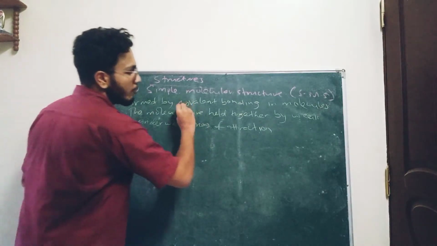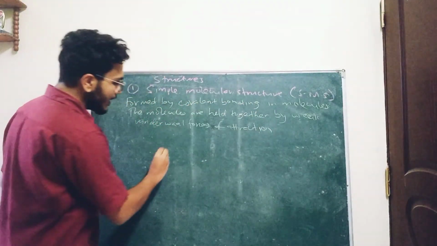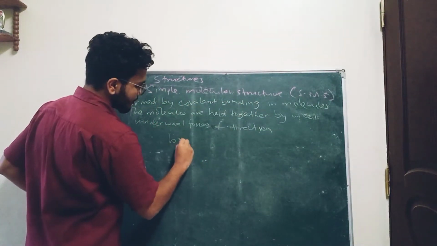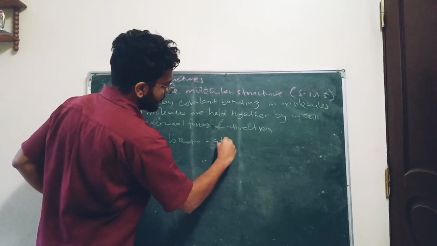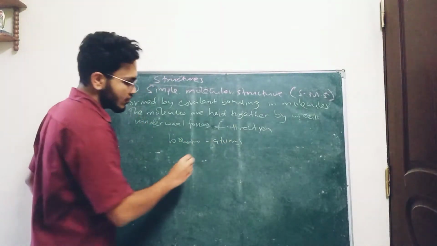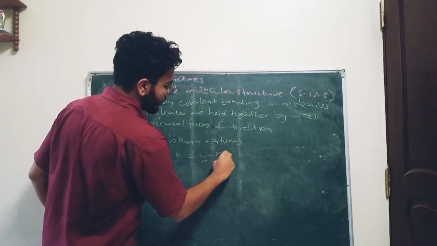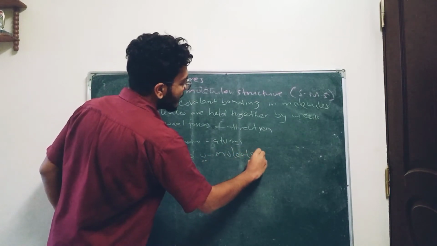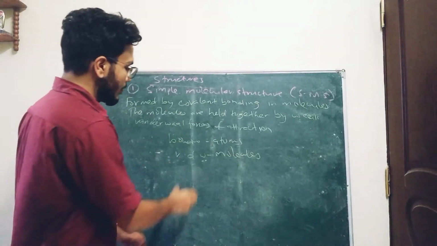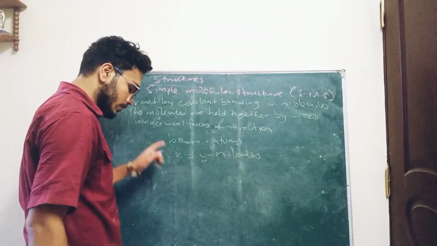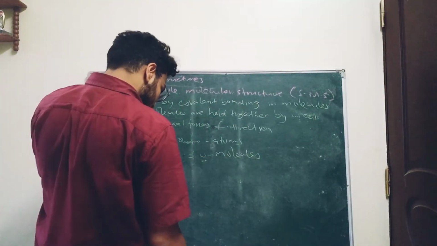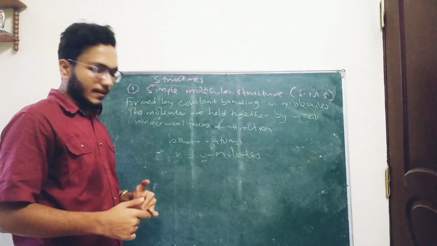Now, covalent bonds are for atoms, while weak van der Waals forces of attraction are for molecules. So for melting and boiling points, heating breaks the weak van der Waals forces of attraction and not the covalent bonds. I am reading this for you and explaining.